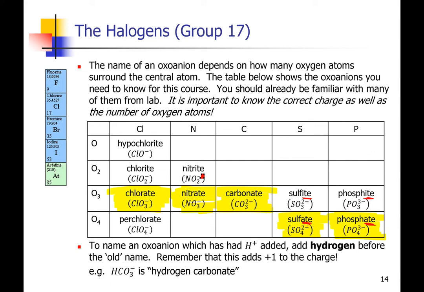Nitrite, 1 less oxygen atom than nitrate, same charge. Chlorite, 1 less oxygen atom than chlorate, same charge. So you remember the 5 8s, and you remember that if it's ite, there's 1 oxygen less. Hypochlorite has 1 oxygen even less than that, because hypo means not enough. Hypoglycemics have low blood sugar.